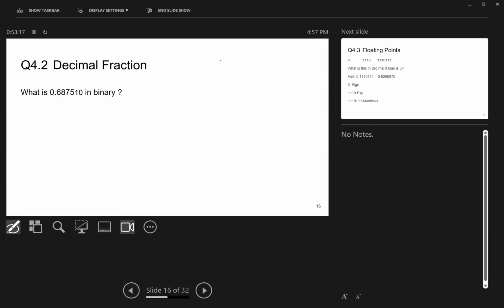So first, we multiply these fractions by 2. And the multiplication result is 2, 0, 5, 7, 3, 1, right? That's the multiplication result.